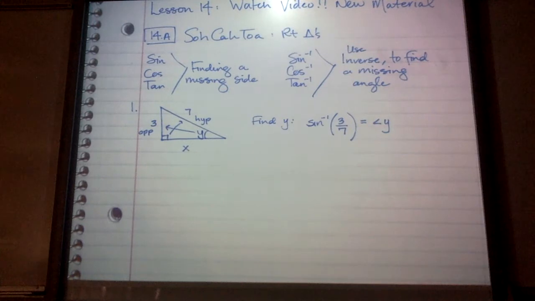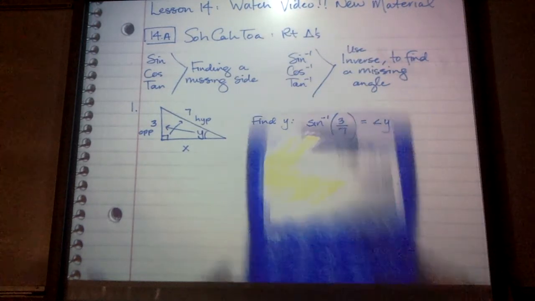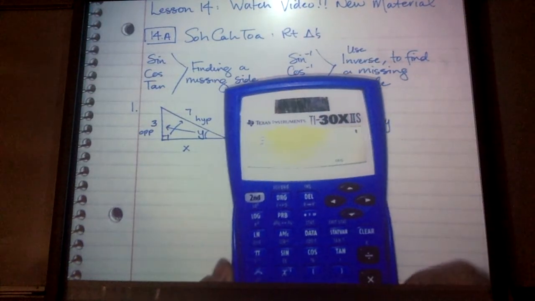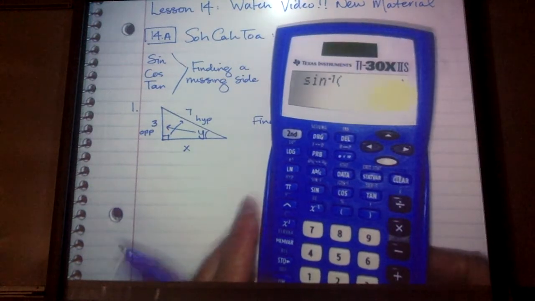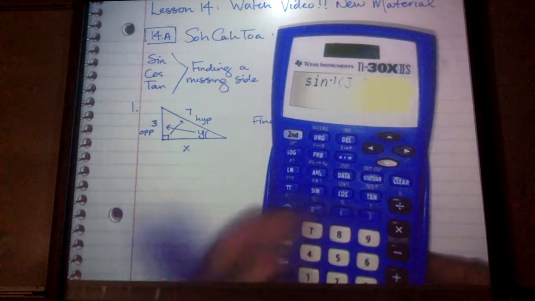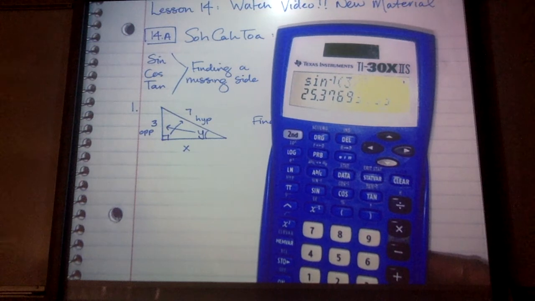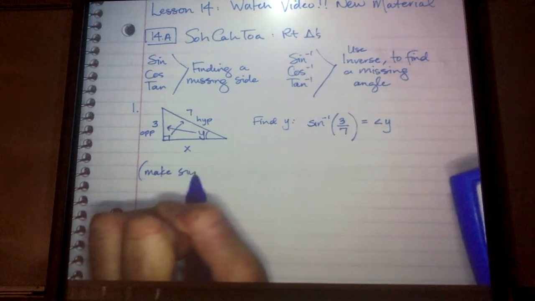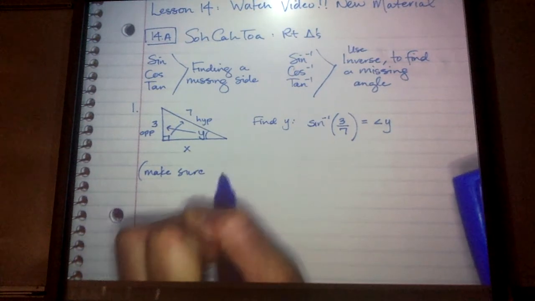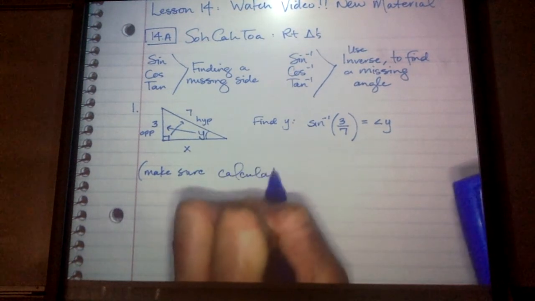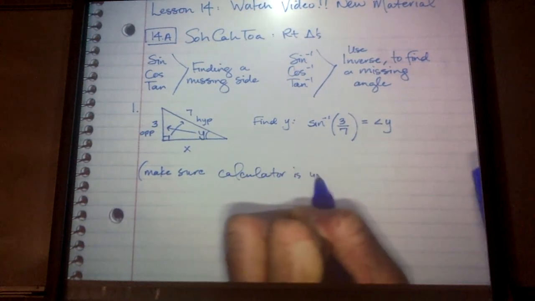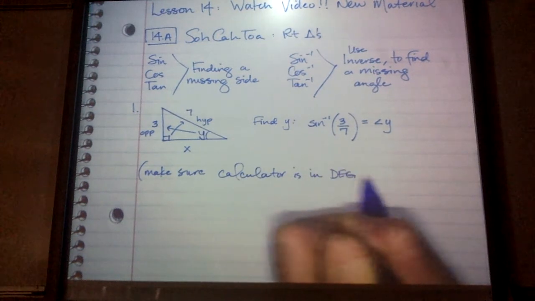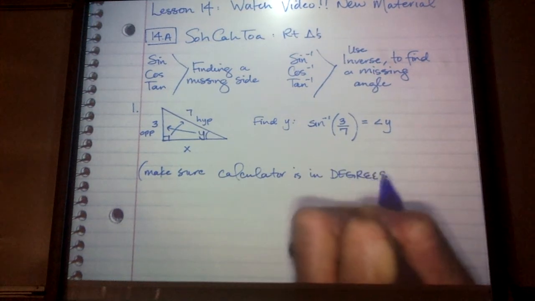So using my calculator, second shift sine inverse of 3 divided by 7. Now, really quick, make sure your calculator is in degrees when you're using sine, cosine, and tangent, okay?